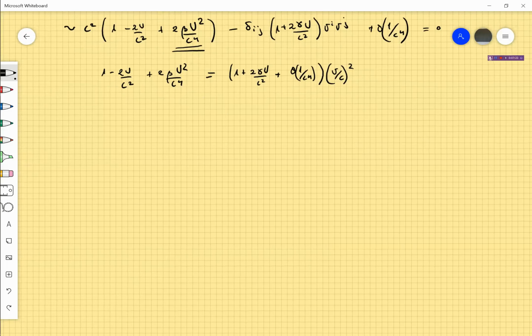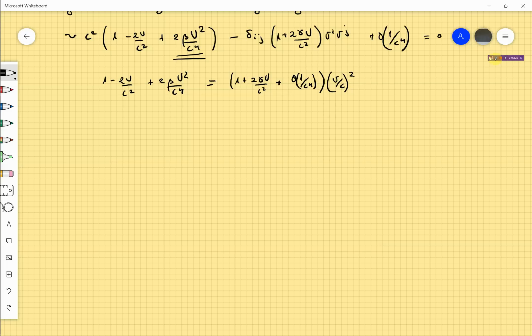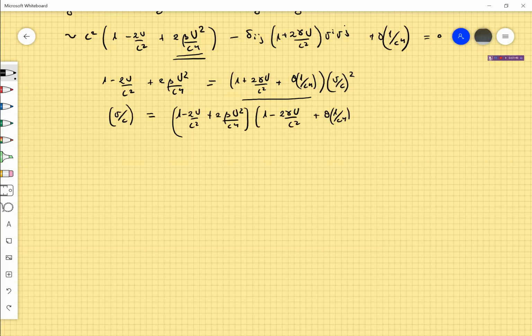Now we can invert this, and you find that v divided by c is equal to the square root of 1 minus 2U divided by c squared plus 2βU squared divided by c^4, multiplied by 1 minus 2γU divided by c squared plus terms of order 1 over c^4.